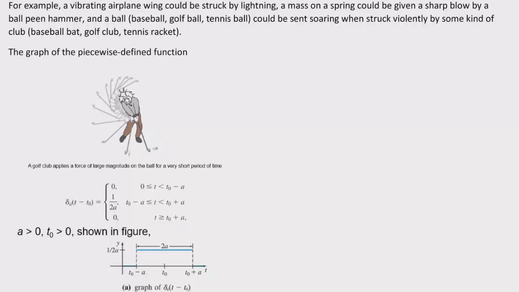So what happens at that one particular moment? And so this brings up the transformed form of this, where we have our delta function at t minus t naught. So the difference between the time it hits the ball versus the start of the time.